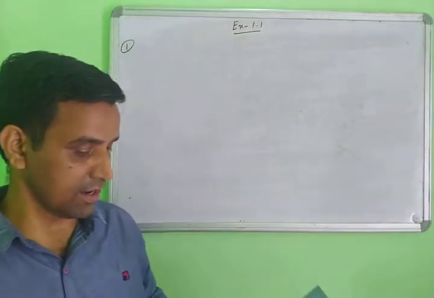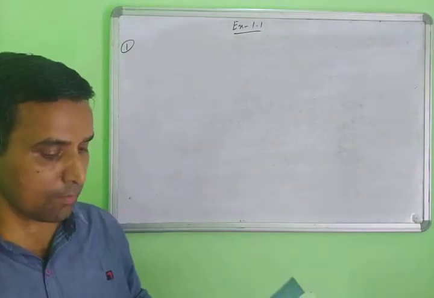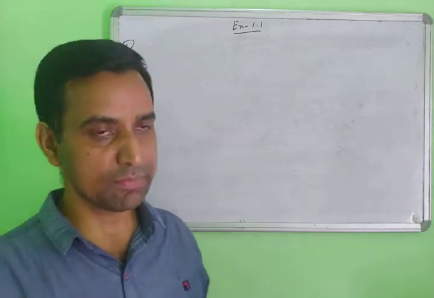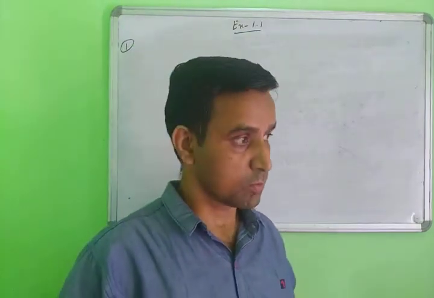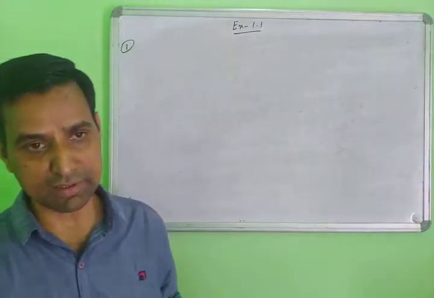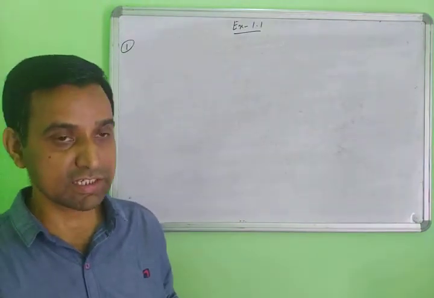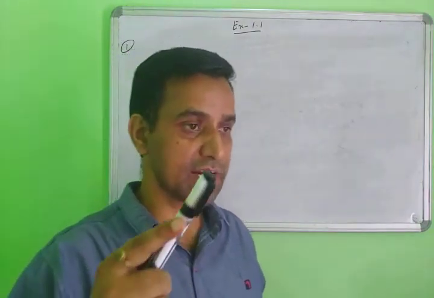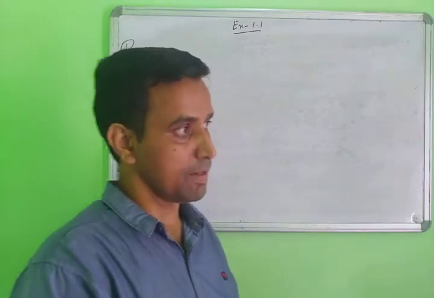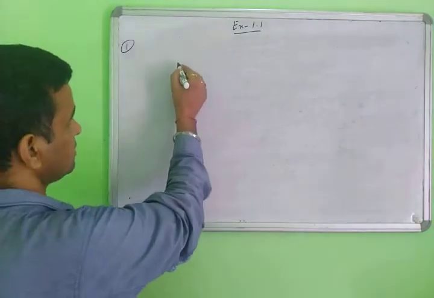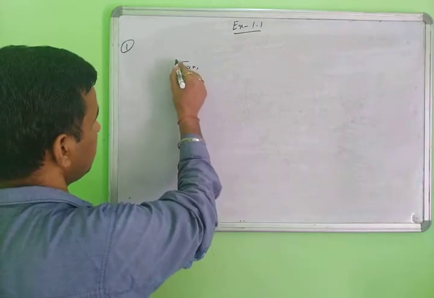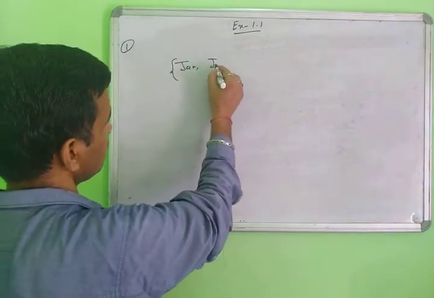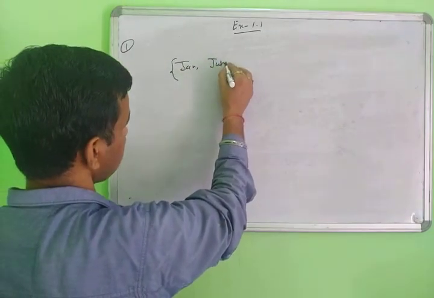First question: a collection of all months of the year beginning with the letter J. The total months are countable, 12 months. Which months begin with the letter J? This is fixed: January, June, and July.